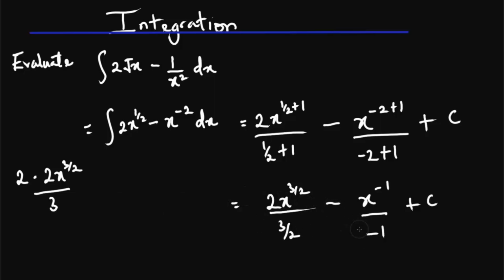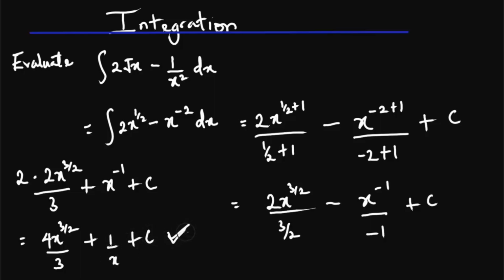Minus divided by minus gives plus, and then we have x to the power minus 1, then plus c. So finally we can conclude that our answer is 4x to the power 3 over 2 divided by 3 plus, we can rewrite this as 1 over x, plus c, and that is it.